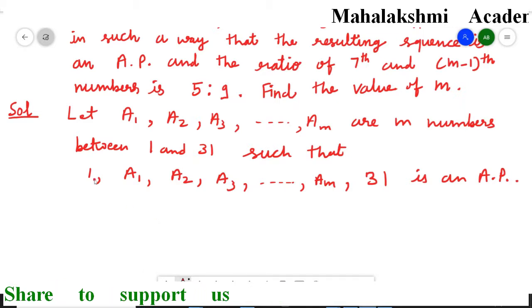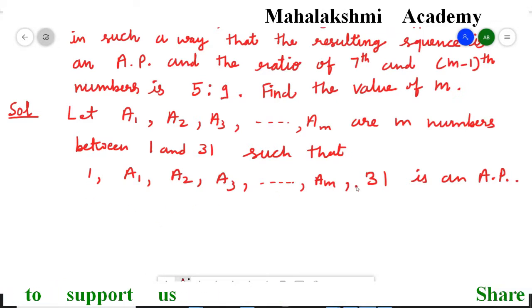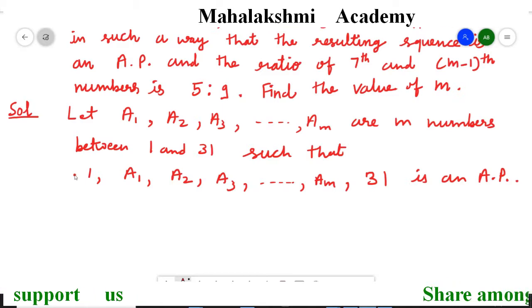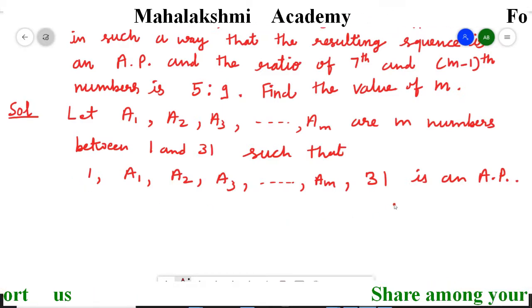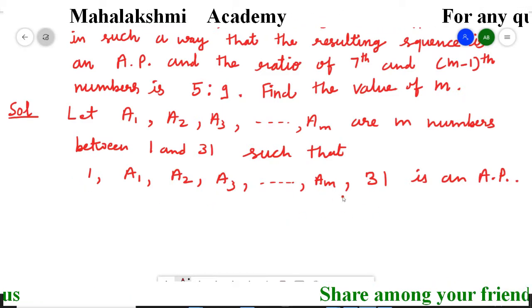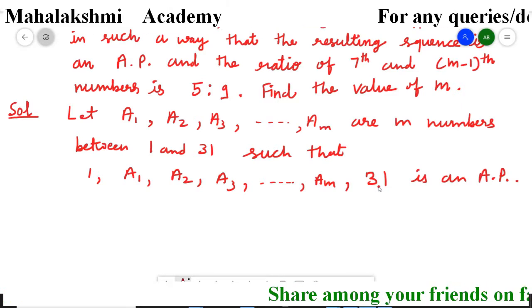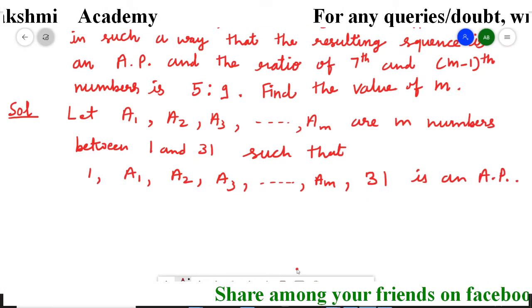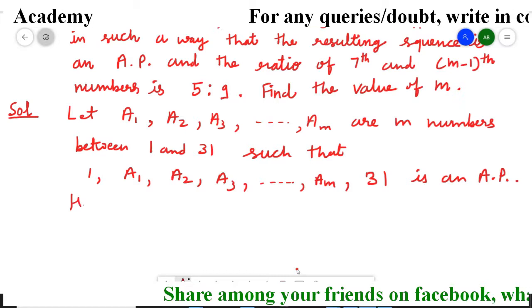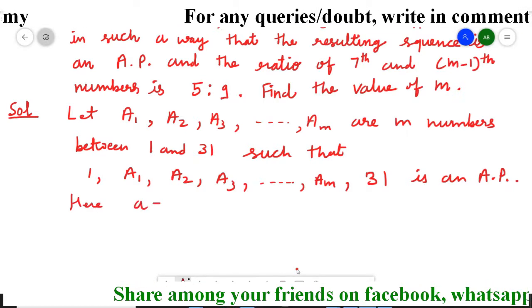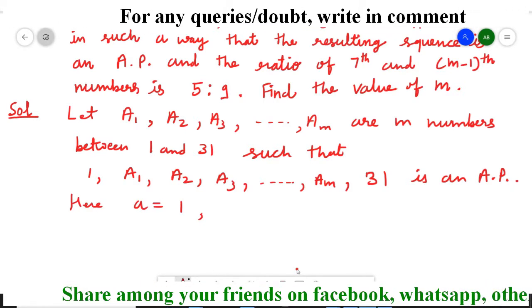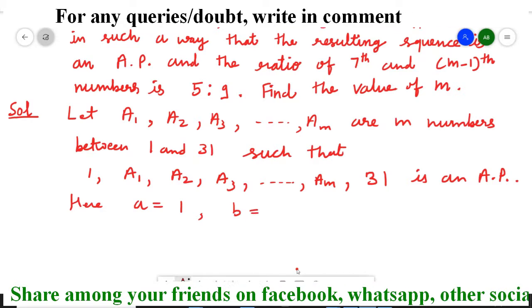So here the first term is a and the last term is 31. The first term we represent by small a, and in arithmetic mean kind of questions, the last term is represented by small b. So here the first term small a is 1 and the last term is 31.